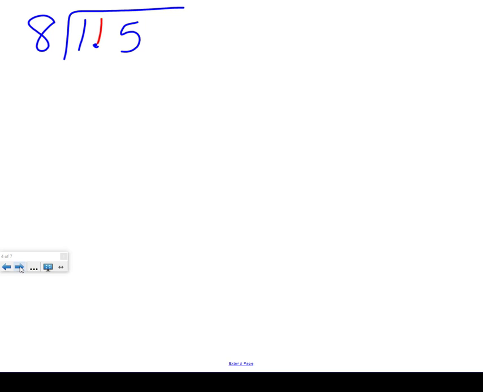Once again, bring our decimal straight up into the answer and then divide like we've got just whole numbers. 8 does not go into 1, but 8 does go into 15. 8 goes into 15 how many times? Well, 1 time. 1 times 8 is 8. I subtract and I get 7.